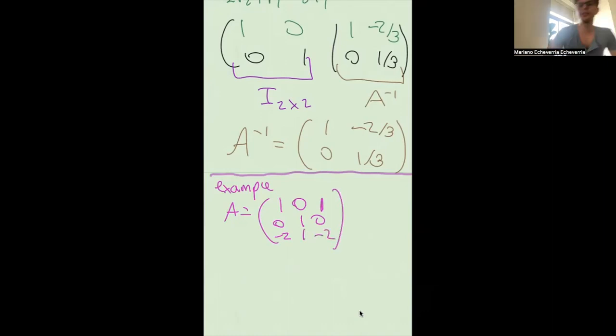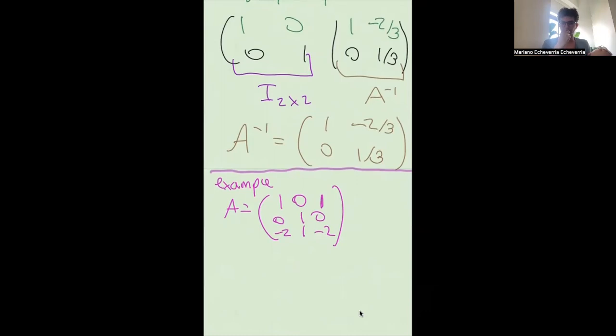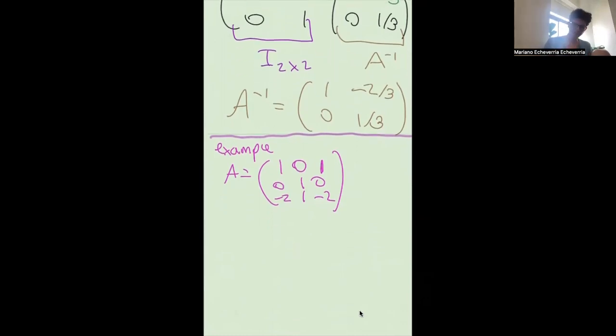Okay, so I give you this matrix, right? And I am asking you now, does this matrix have an inverse? So my question is, does A inverse exist?